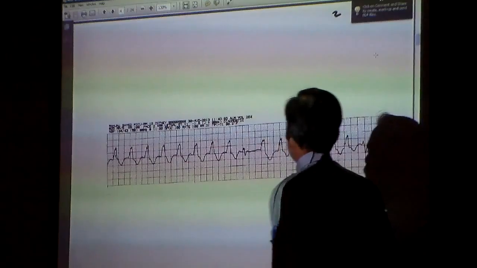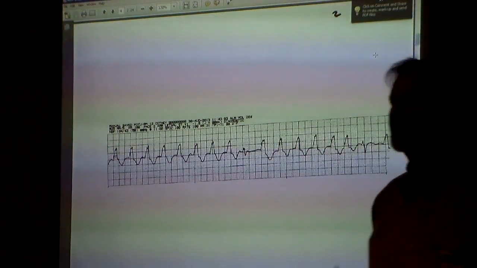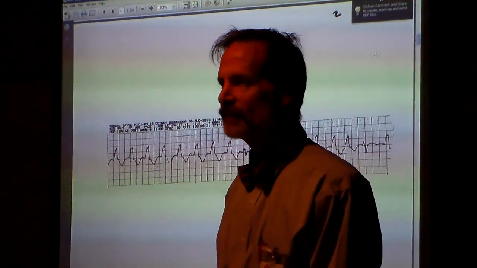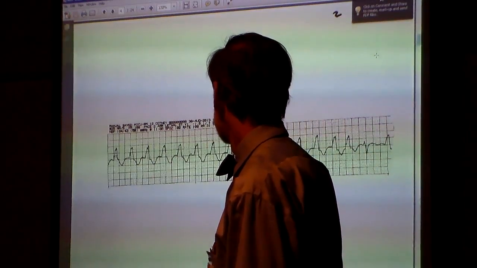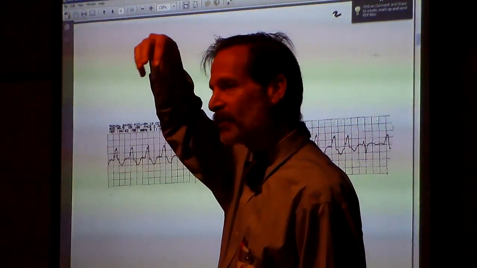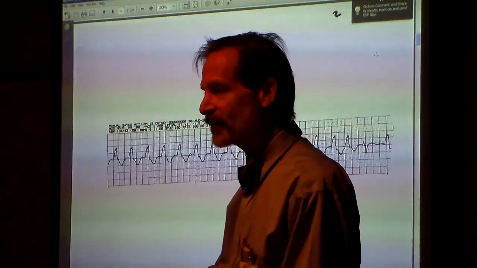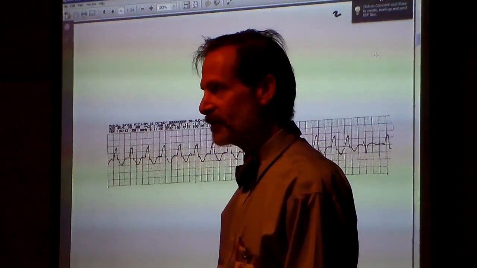That's right here. Okay, what does that beat be? Capture. Okay, so what does a capture beat be? Right, you remember you got AV dissociation, so if that depolarization, that P wave happens to find the AV node not refractory, then it's going to depolarize the ventricle.